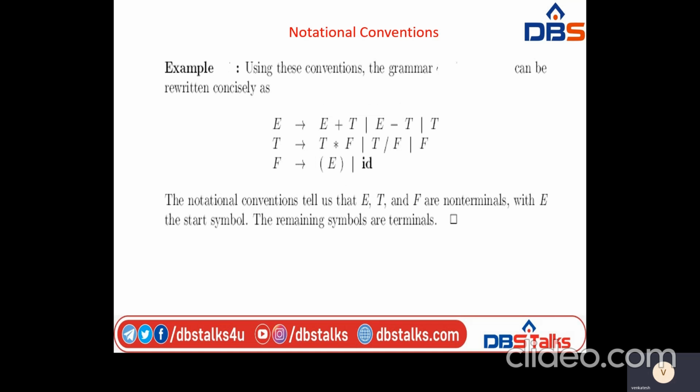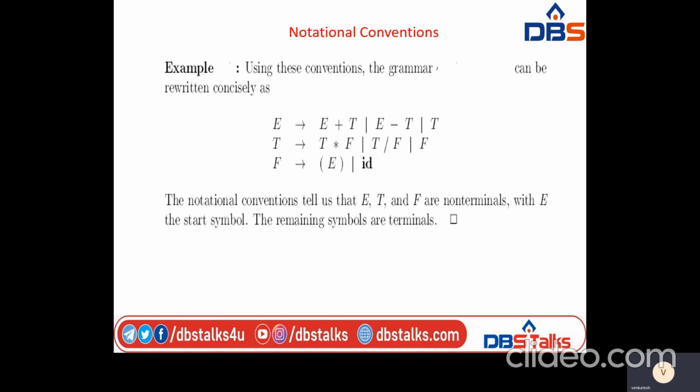Okay, here is one example for context-free grammar. E produces E plus T or E minus T or T. Here E means expression. Expression produces expression plus term or expression minus term or term.